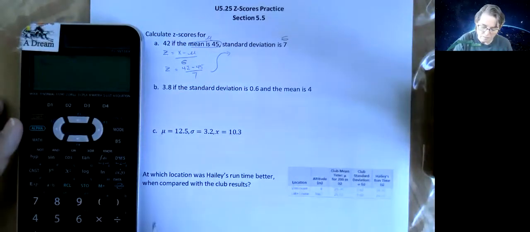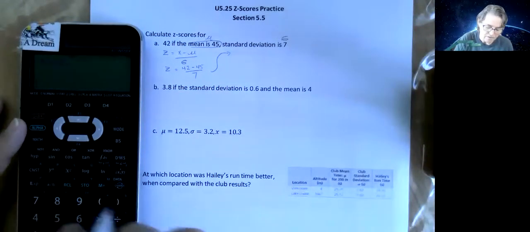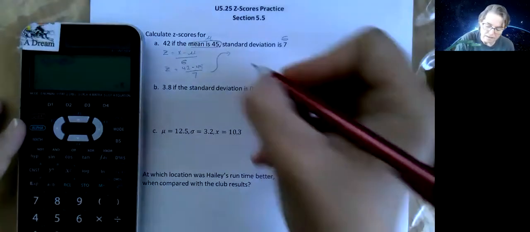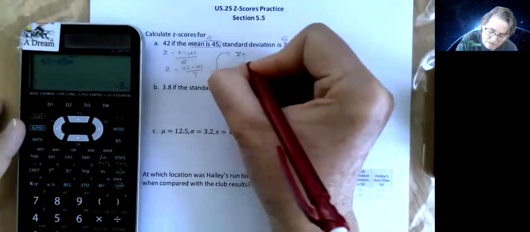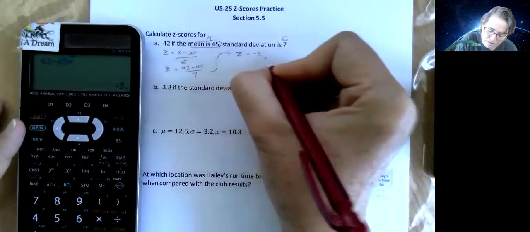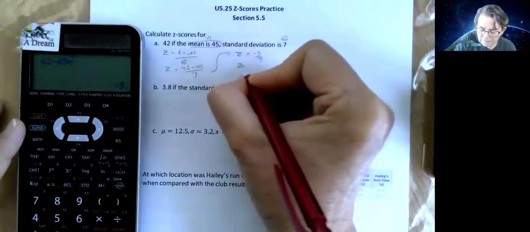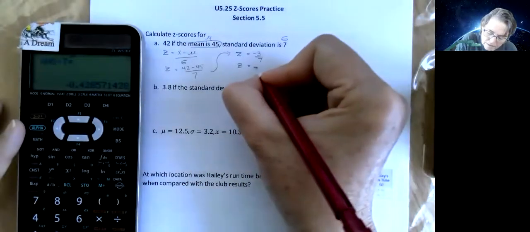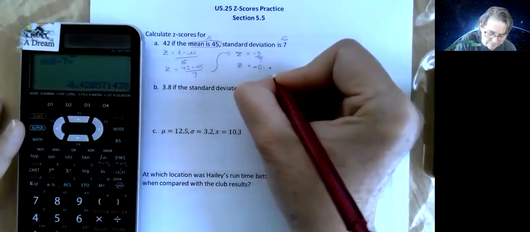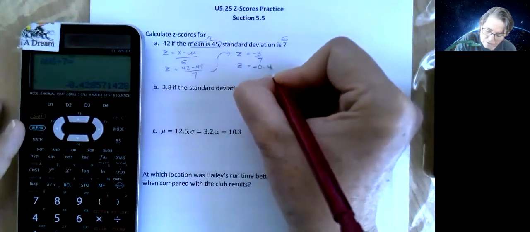42 minus 45. It's minus 3. So Z is equal to minus 3 over 7. I'm going to divide that out. Negative 0.43.